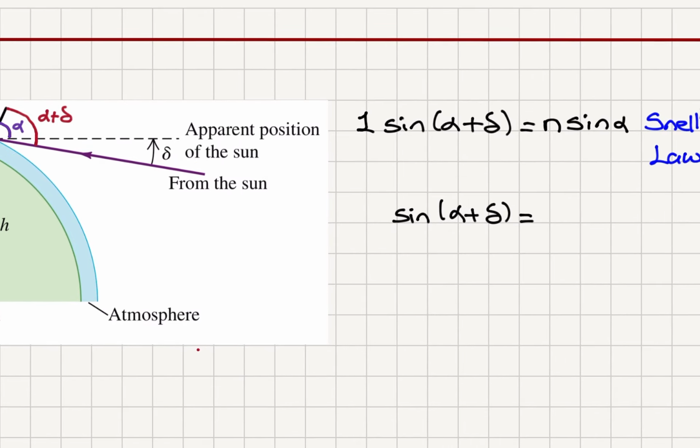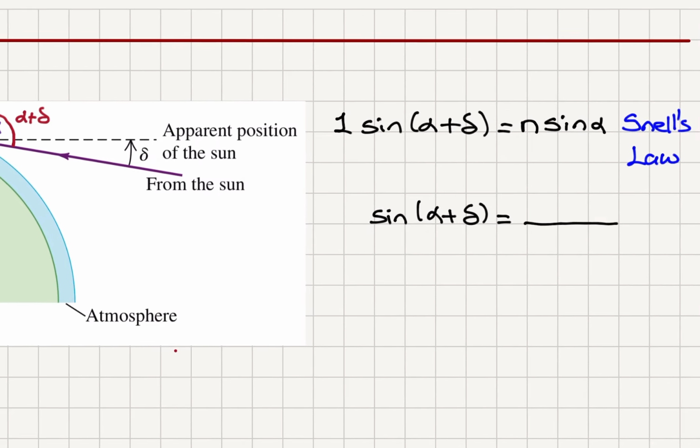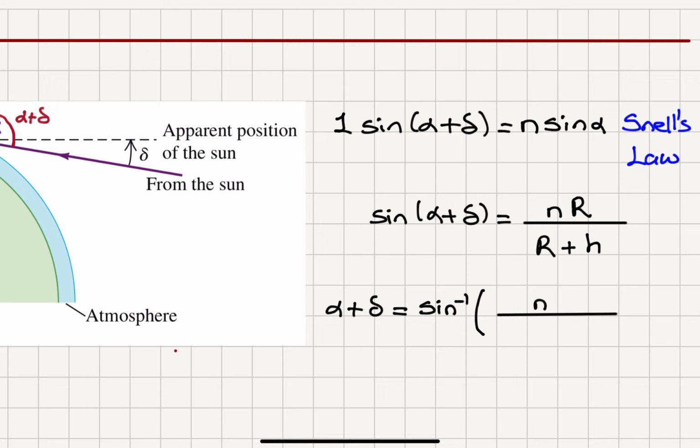So it is n times r divided by r plus h, where r is the radius of the Earth. With that, alpha plus delta becomes sine inverse of nr over r plus h.